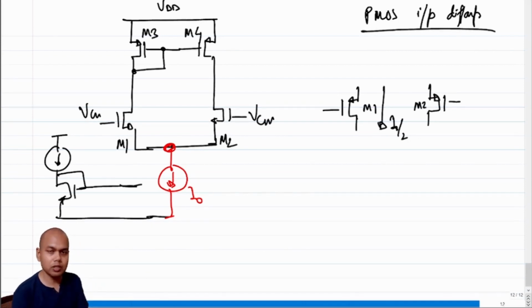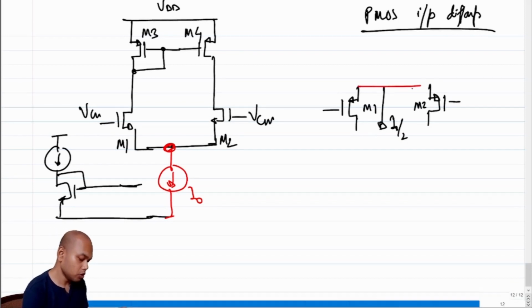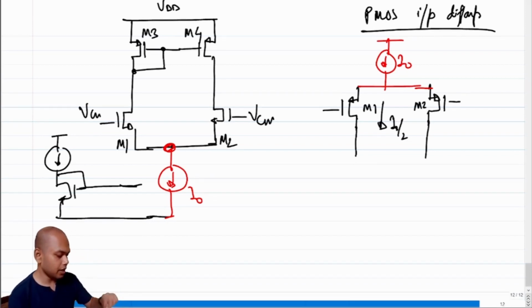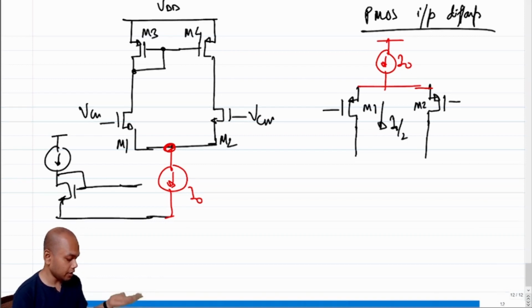In the case of a PMOS, I should be sourcing current of I0. Correct? Okay, fine. Now let's replace M3 and M4 from the circuit on the left.